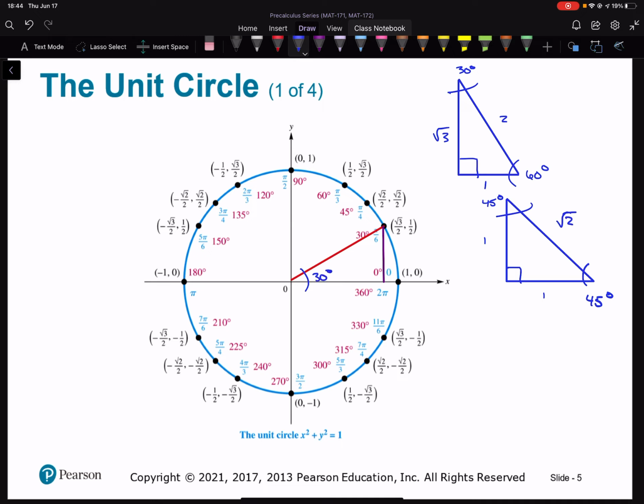Using the 30, 60, 90 triangle, we can recognize that since we're starting over here at 30 degrees, and in the right triangle properties, sine theta is equal to opposite over hypotenuse. Right? We can see that the opposite from 30 is 1, and the hypotenuse is 2.